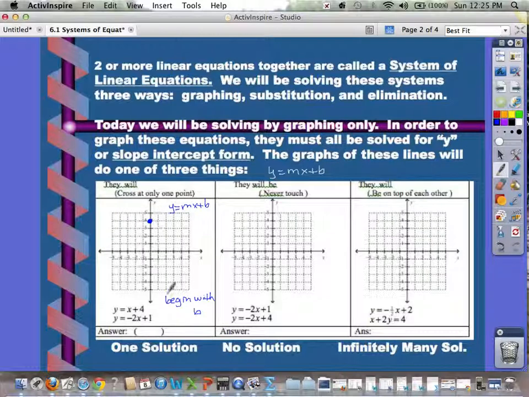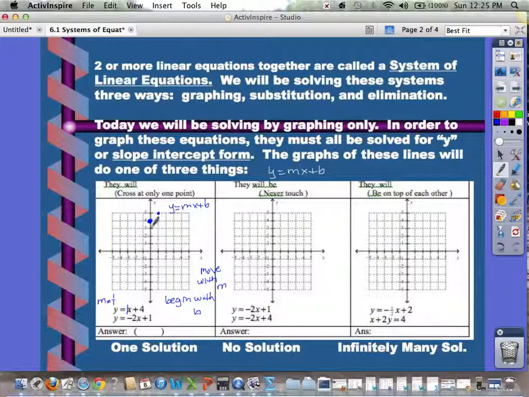From there, we're going to move with m, which is your slope, okay? And our slope right here, what number is really with that x? A 1. So our slope would be 1 over 1. It's positive, it's 1 over 1. So from here, we're going to go up 1 and over 1 and put a dot.